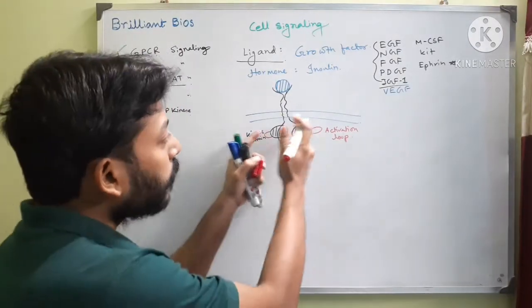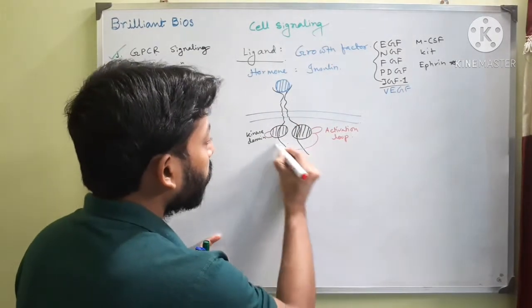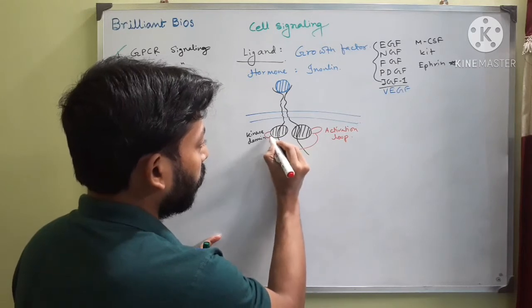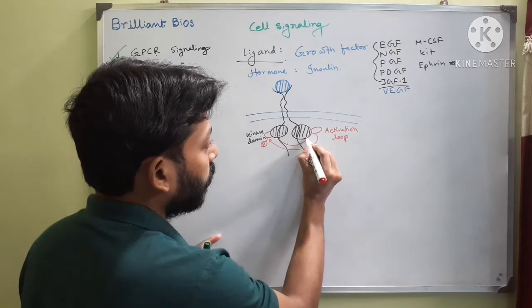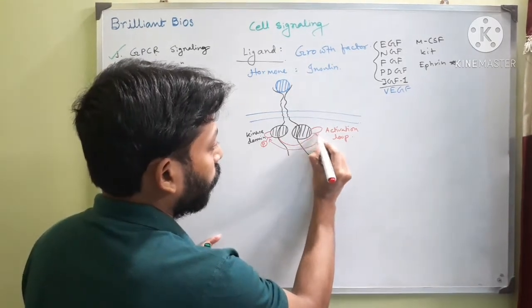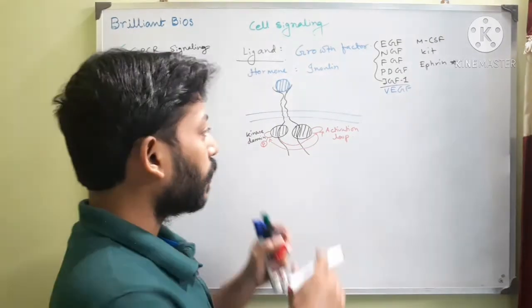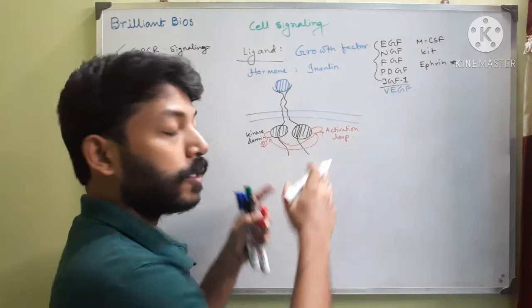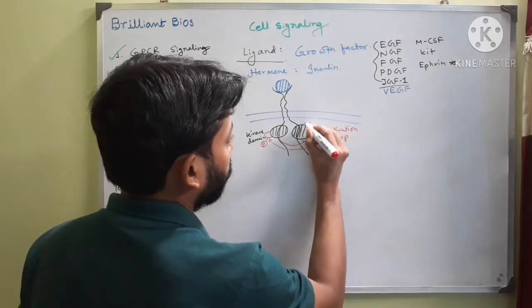Now, when these two receptors dimerize, they phosphorylate each other. This enzyme phosphorylates this activation loop, and this enzyme phosphorylates this activation loop. And when the activation loop gets phosphorylated, a conformational change occurs in the activation loop so that it no longer can inhibit the kinase domain and the kinase domain gets activated.